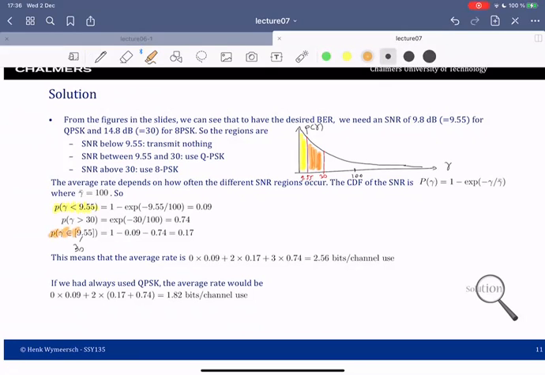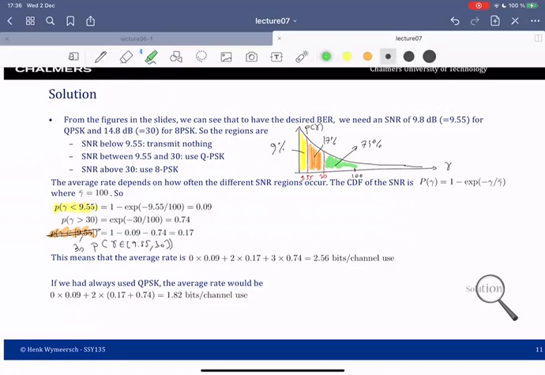Sorry, there's a typo here. And this happens with 17%, and the first with 9%. And then there's a probability of being more than 30, and this happens with 74%. Okay, so this should be probability of gamma in 9.55 and 30.